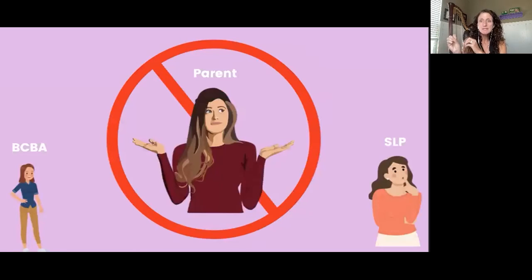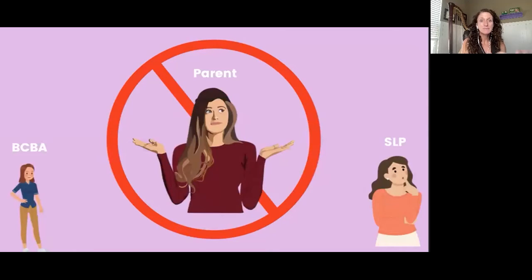Let's say the speech therapist has been trained extensively in AAC and doesn't want to start with PECs. What we don't want to do is put the parent in the middle of that situation. And it does take a little bit of planning and time. But if we could even just have an email discussion or a phone call or a quick Zoom to talk about how we are going to support our students' communication.